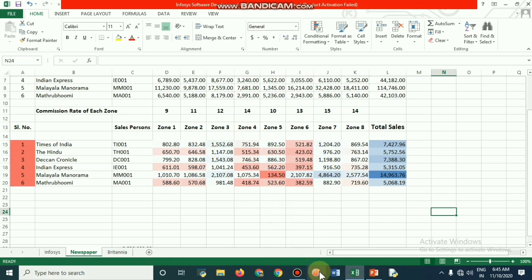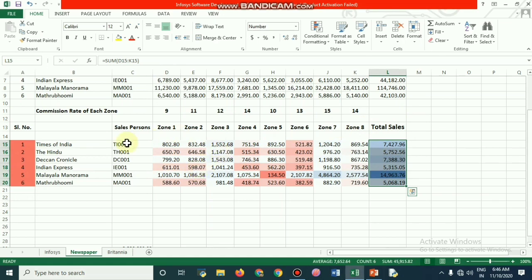So these are the ways in which you could make formats as well as formulas, functions, pivotal tables, and charts.